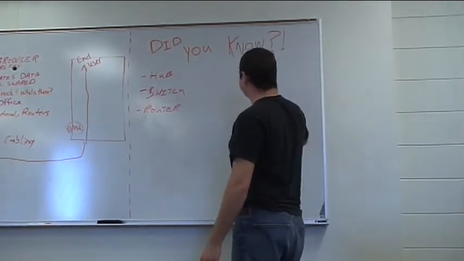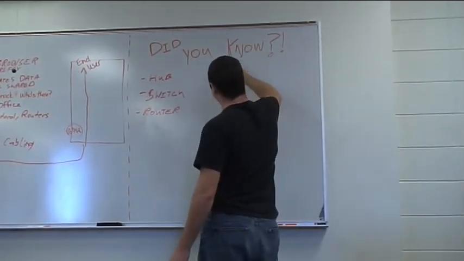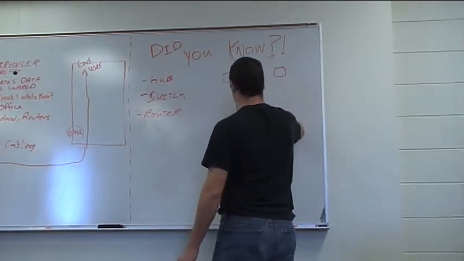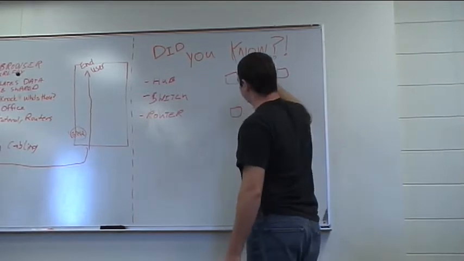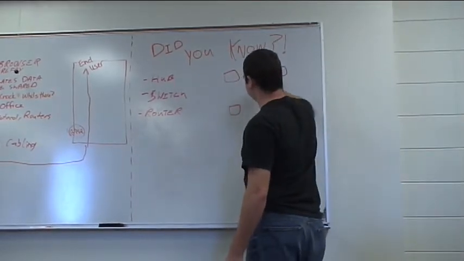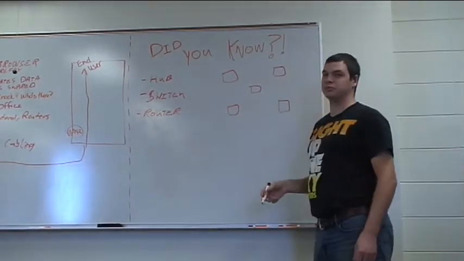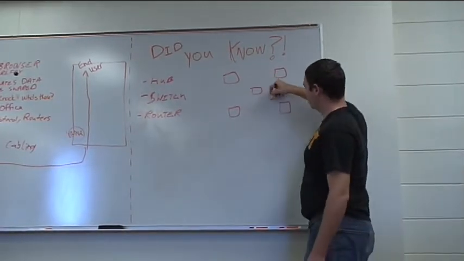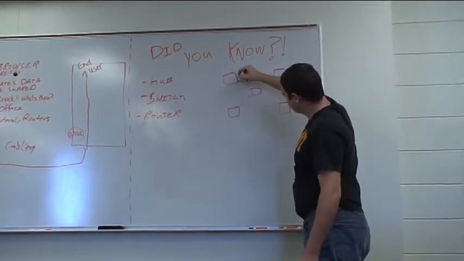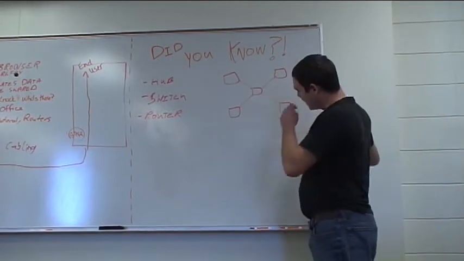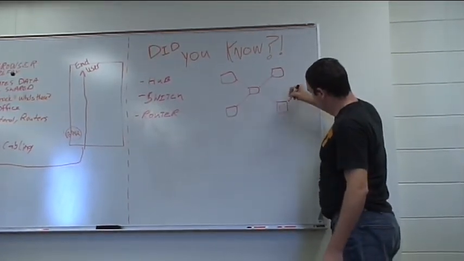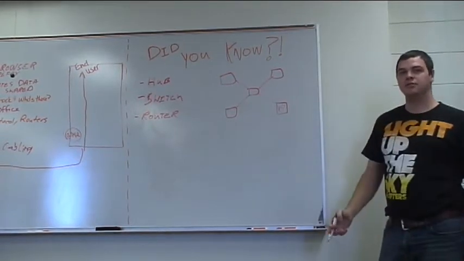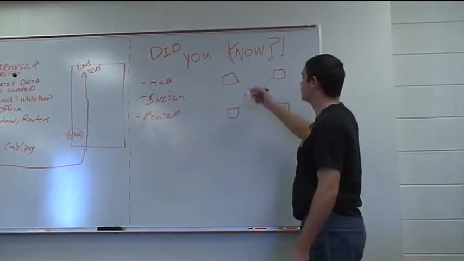Now a hub, let's say you have 4 computers on your network. In the middle is your hub. Now hubs are pretty stupid. If you're connected all through the hub, now let's see, PC1 wants to send some really cool pictures to his coworker, PC3.